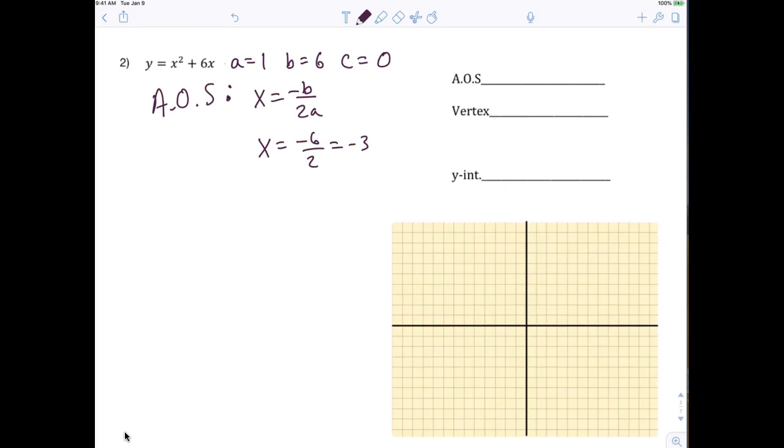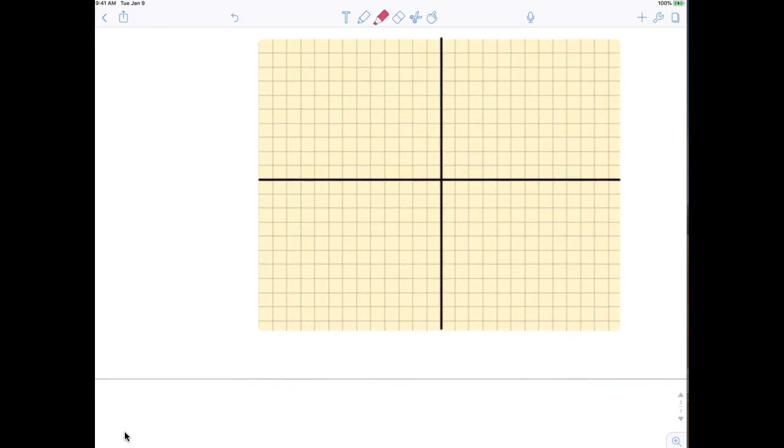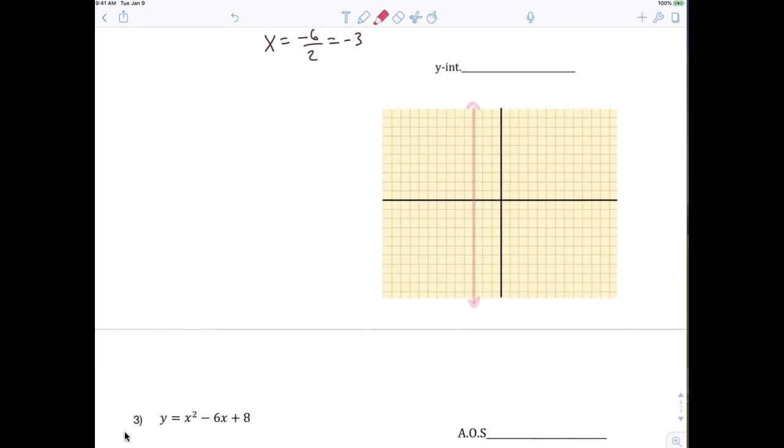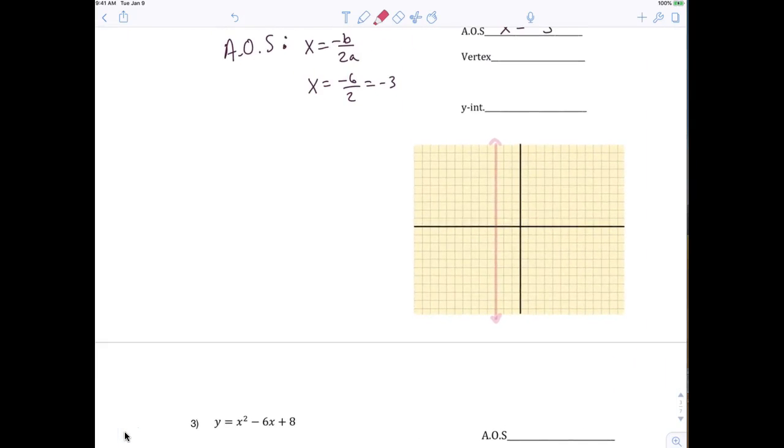Does anybody remember that? So your axis of symmetry is just X equals negative 3. Now I use the highlighter and I graph X equals negative 3. And that is considered your axis of symmetry. Who remembers how to find the vertex? What do I do?